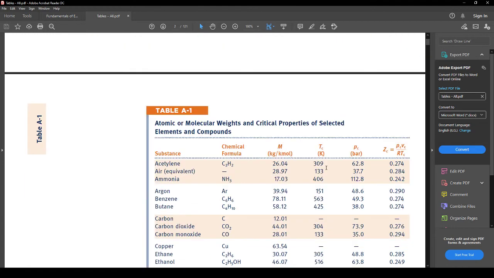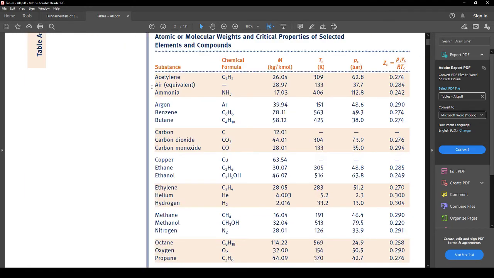Let's see if he is correct. It looks like he is. And so it looks like 28.97, which, by the way, everyone should be remembering because you will see this a lot, and it'll save you some time. At least the common ones, right? Nitrogen, water, things like that. So we'll go ahead and take 28.97 for air, which is kilograms per kilomole.